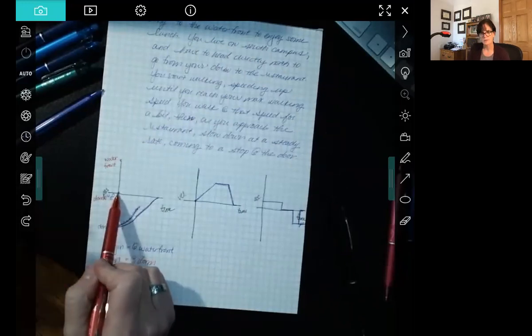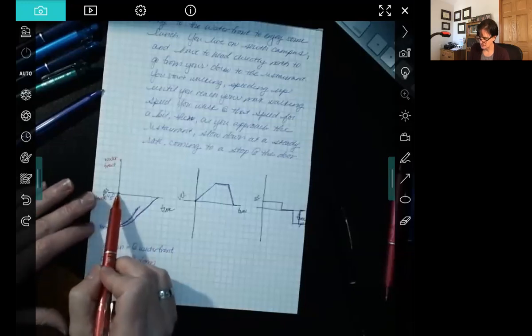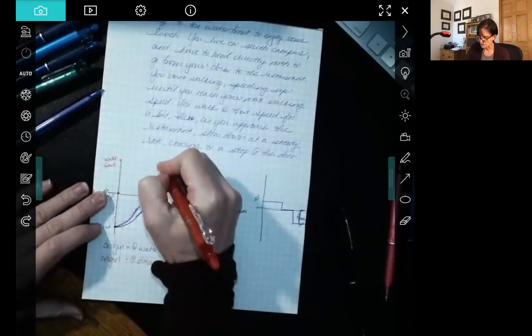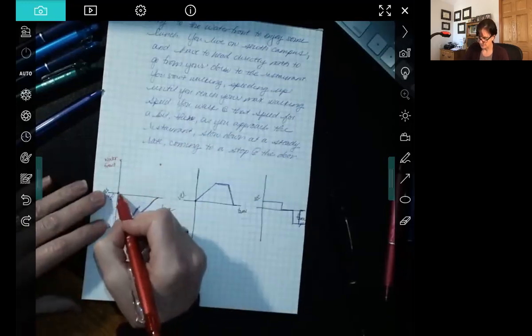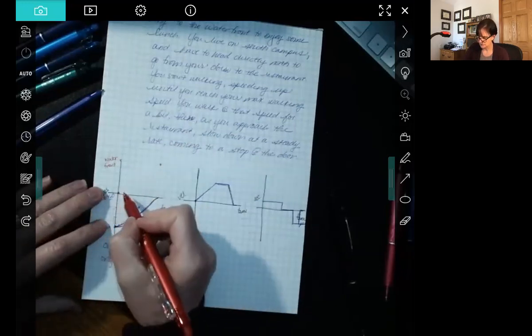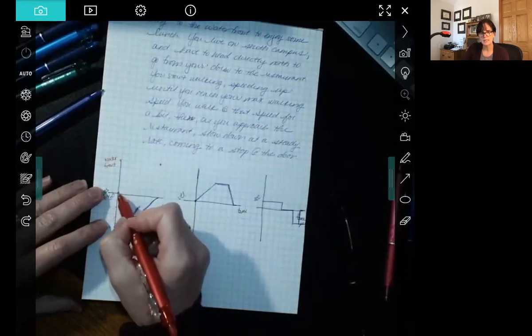So how does my motion look as I head from here to this location in the motion story? Well, I initially start to increase my speed.